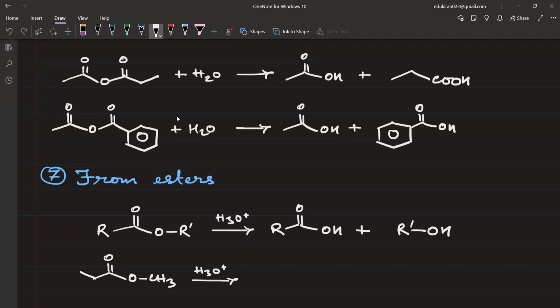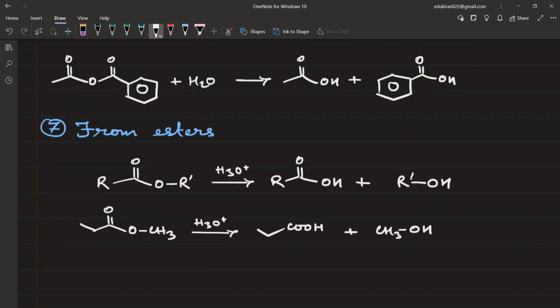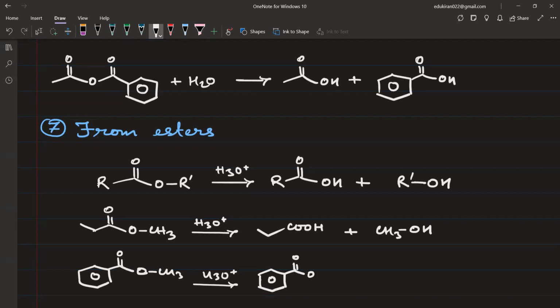So here we'll be getting 1, 2, 3 carbon atoms, that is propanoic acid, plus 1 carbon atom, methanol. Benzoic acid plus methanol.